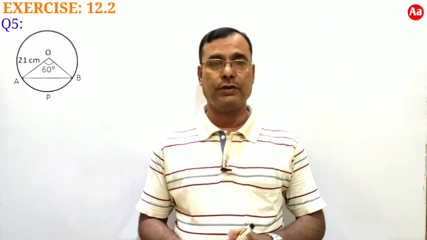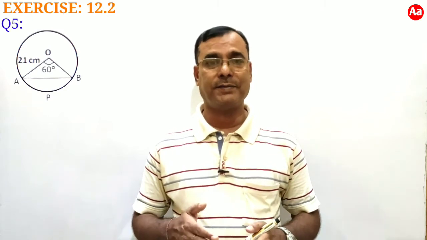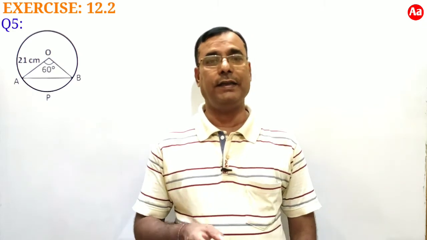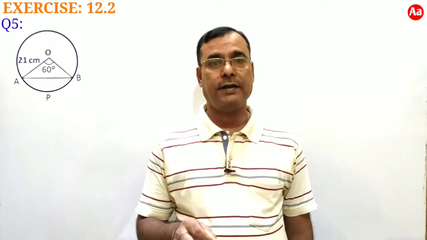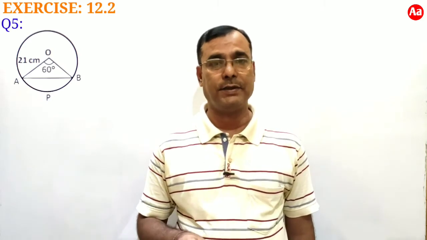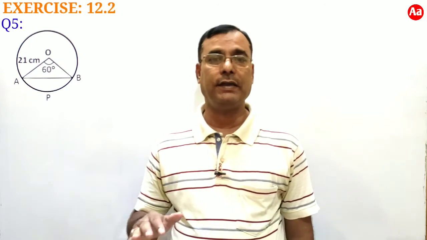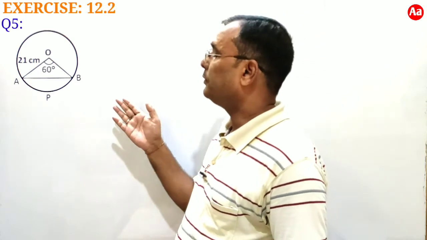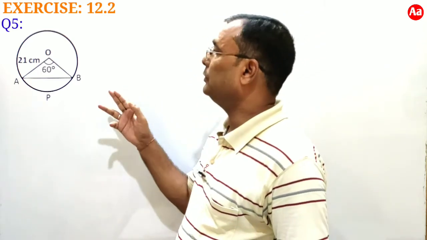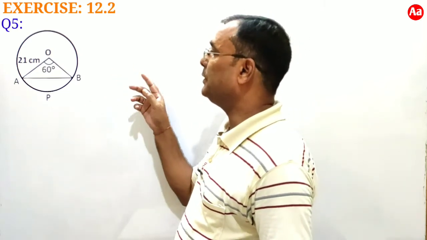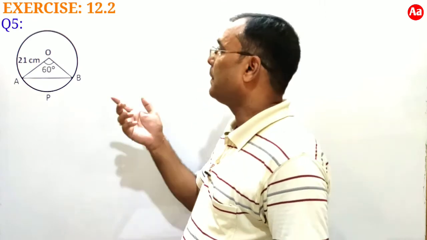Now question number 5. In a circle of radius 21 centimeter, an arc subtends an angle of 60 degree at the center. Find the length of the arc, area of the sector formed by the arc, and area of the segment formed by the corresponding chord. So in this figure, O is the center of the circle and OAPB is the sector of the circle.